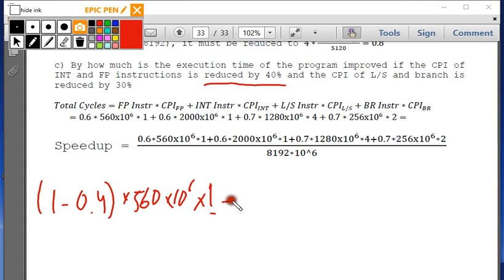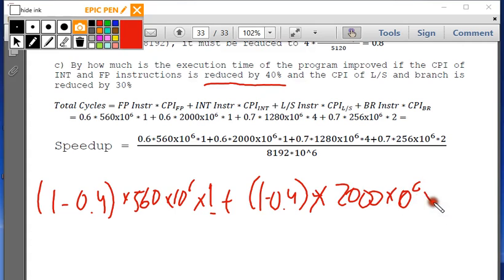Same thing, plus 1 minus 0.4 times 2,000 times 10 to the 6 times 1, right? So these are our floating point instructions and our integer instructions. The integer and floating point instructions were reduced by 40%.